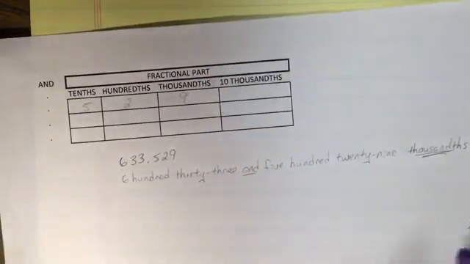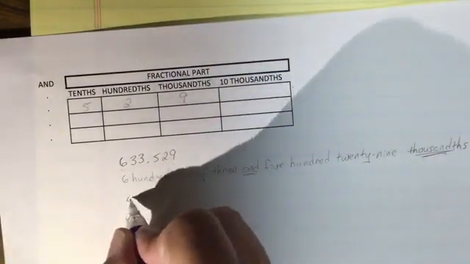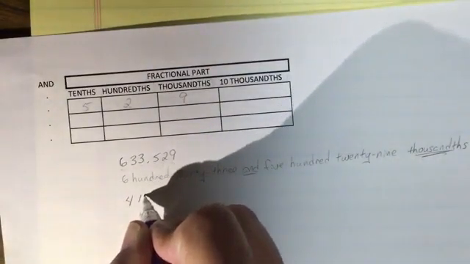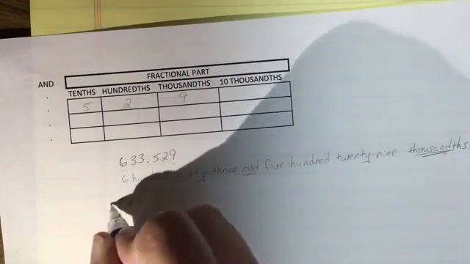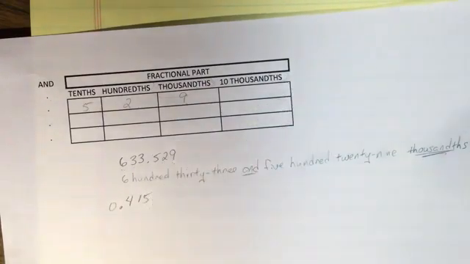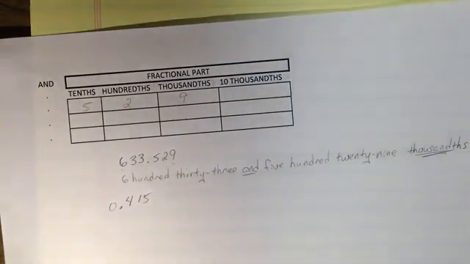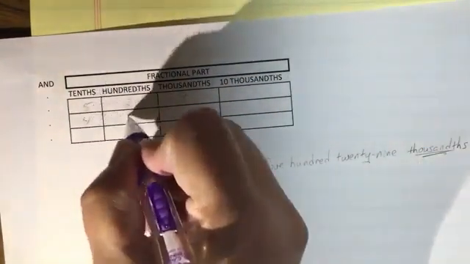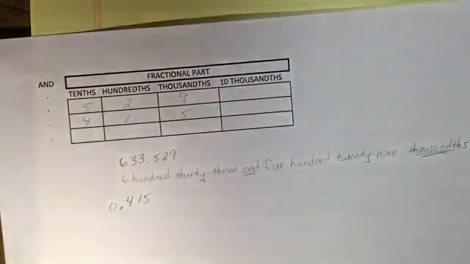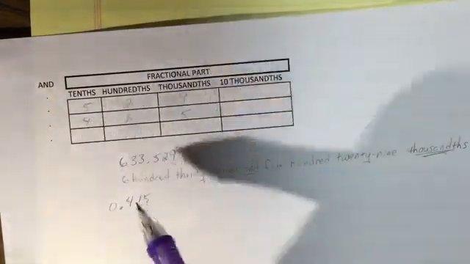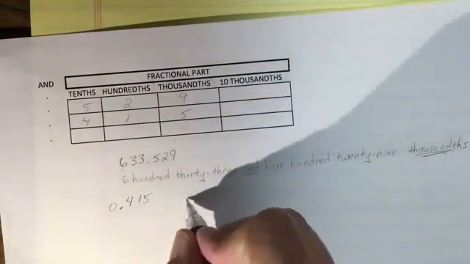So, let's look at this number. Now this one, there's no whole number. If I fill in underneath the blocks, it's telling me it is to word.